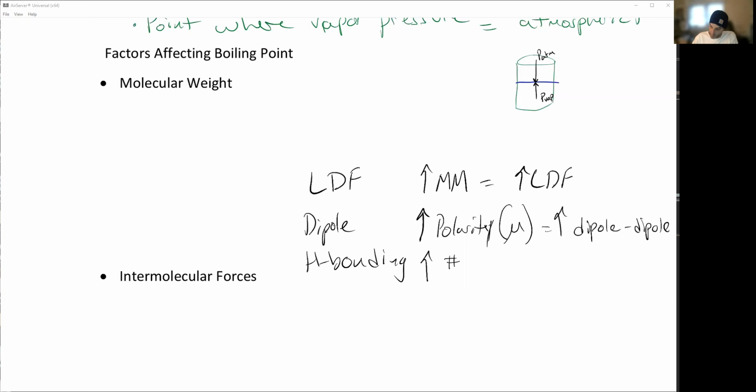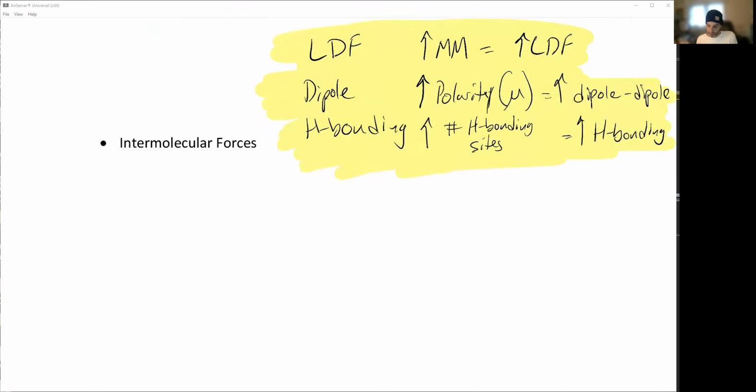An increase in the number of hydrogen bonding sites equals an increase in hydrogen bonding and stronger intermolecular forces. So yeah, that's it. Those are the keys in determining the strengths of these different intermolecular forces. And we can use these to determine different properties. The stronger they are, the better off we are.